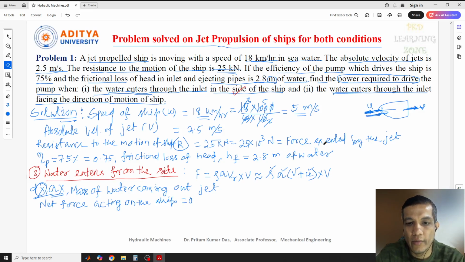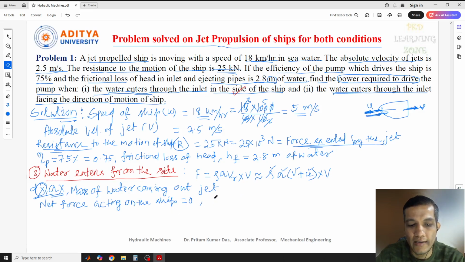Why I have written this: because I told you about the force and resistance terms here. What are the forces acting on the ship? One is the force exerted by the jet, another is the resistance to the motion, and the net of these two forces acting on the ship should be equal to 0.